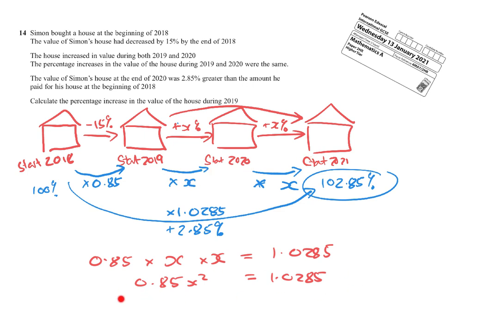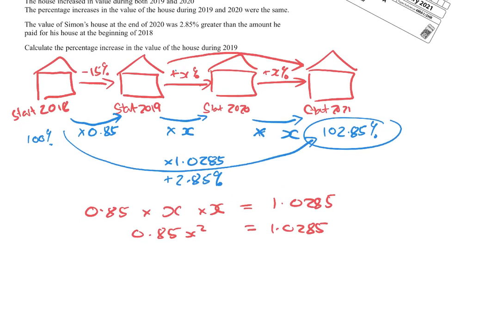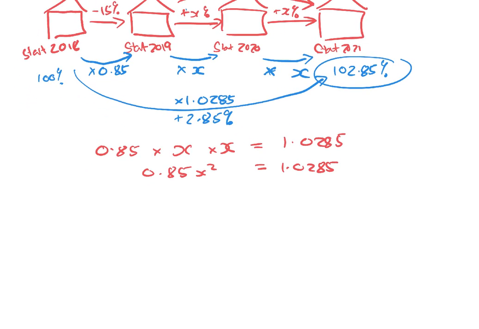So I have an equation here with one unknown, so I can solve that equation. Working that through, let's make a bit more space in my diagram here. I'm going to say that X squared is equal to 1.0285 divided by 0.85.